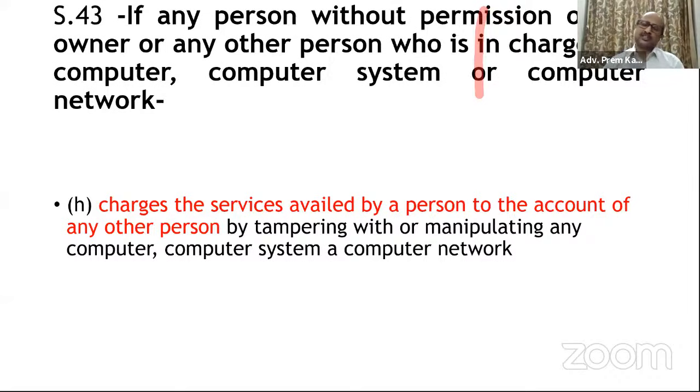So there could be situations under Wi-Fi or LAN where somebody gains access to your Wi-Fi or even the system through a LAN, and then uses your package for his benefit. This could provide a situation, and that is brought under 43H as an offense.